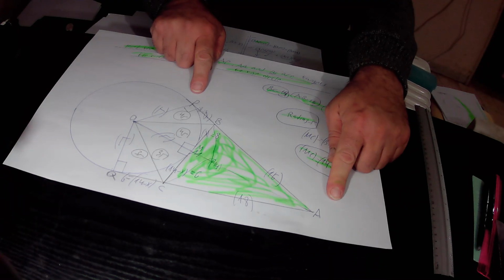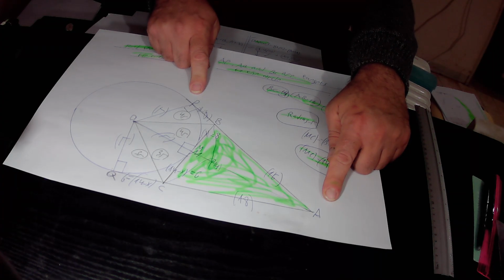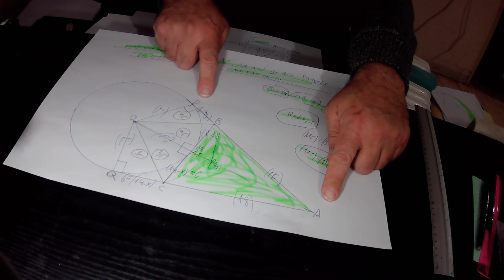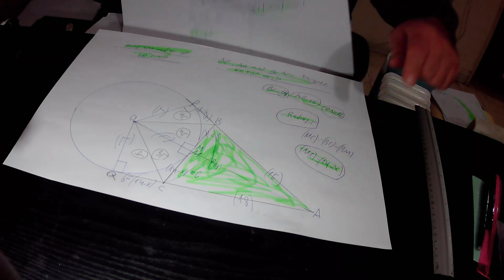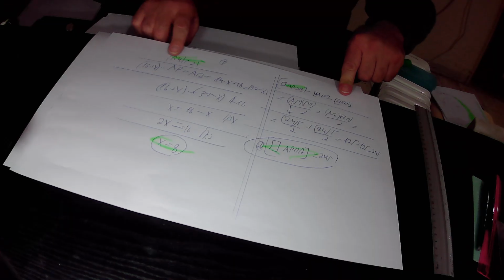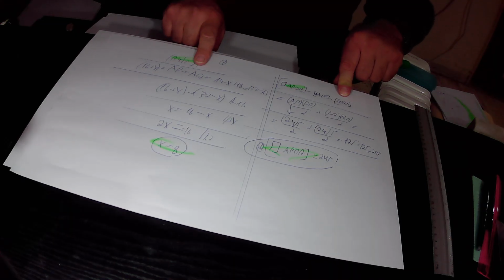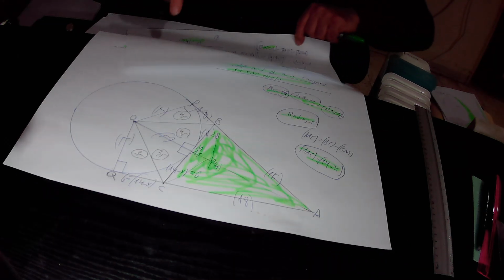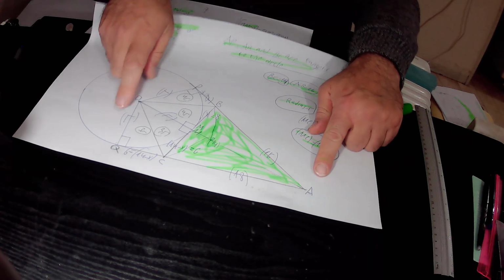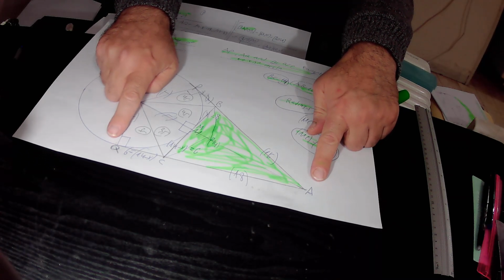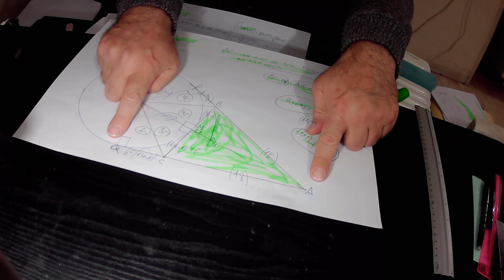AP in total equals x plus 16. And again, AP equals x plus 16. This equals QA. QA in total equals QC, that is 14 minus x, plus CA, that is 18.